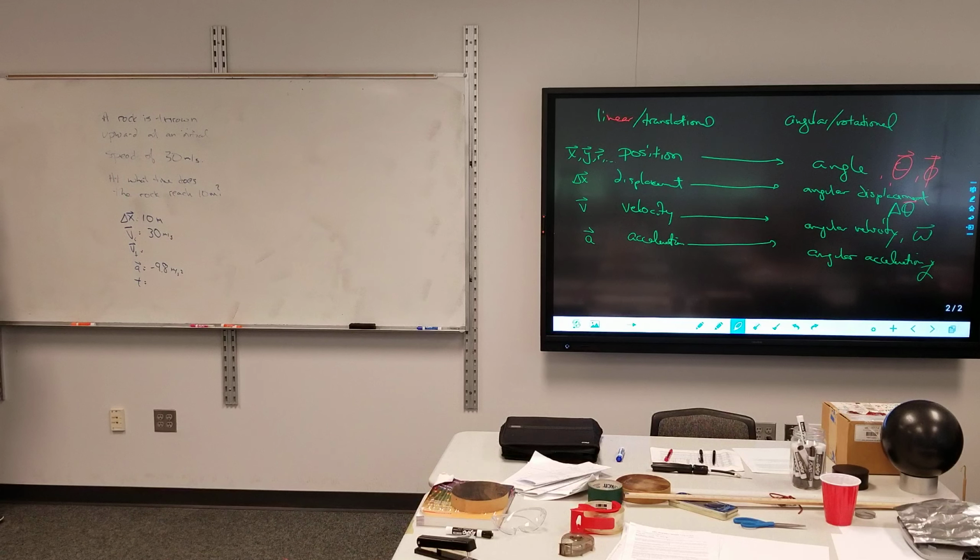So which formula? Displacement equals v_i t plus 1/2 a t squared. All right. So 10 is equal to 30t minus 4.9 t squared.